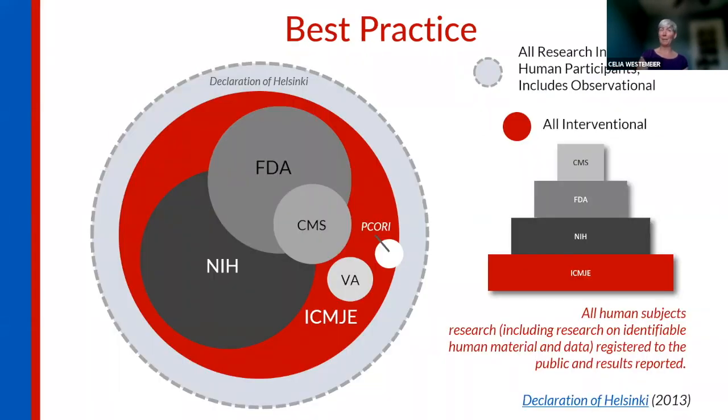So we'll get to best practices. Bearing in mind our goal of participant-centeredness and transparency, as well as being in alignment with the global effort for transparency, best practice would really be to make all research involving human participants known through the public database.